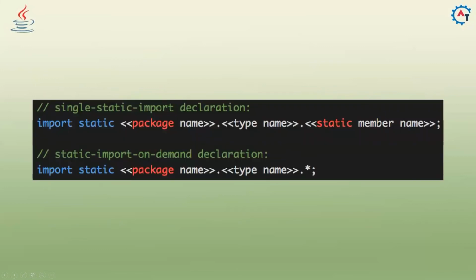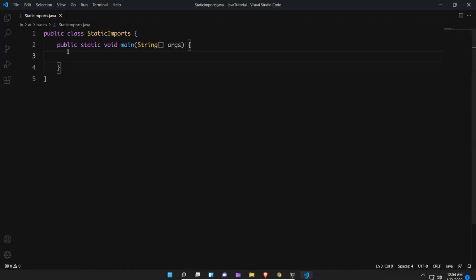We will see this by taking one example. I have created one class called StaticImports with the main method. Let me write System.out.println. There is a class called Math.